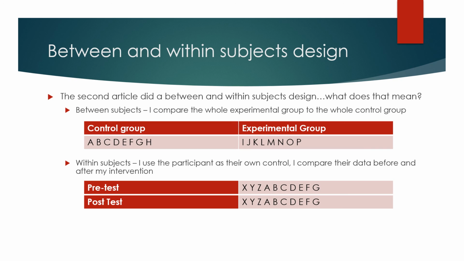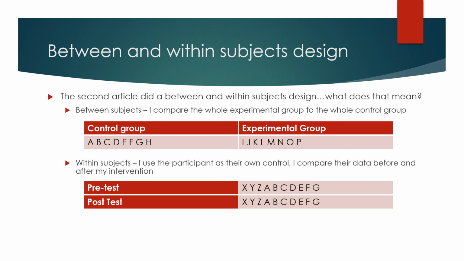If you think there might be a really important factor, that a person's ability before the intervention might impact how they experience the intervention, you might want to do a within subjects design, because you can then control for the person's prior experience, because whatever participant X is scoring on their pretest over here isn't going to affect how I look at participant Y, because I'm looking only at participant Y's comparison.